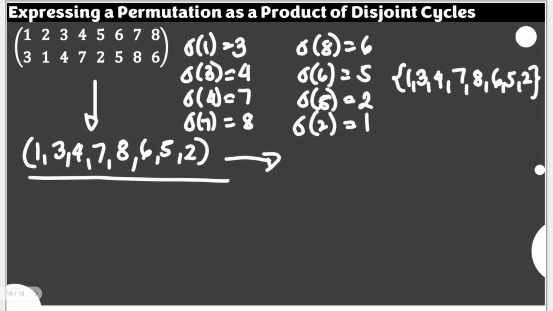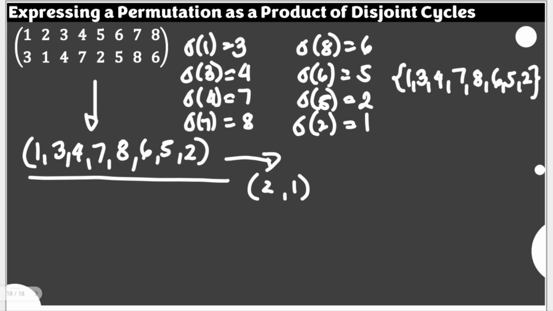Now, let's have some contradiction. What if there is another cycle that can be multiplied with the cycle that will still result in the permutation? Now take note, the point here is disjoint cycles. If we would like to look at other cycles, let's say (2 1), these two cycles now have common elements, so they are not considered disjoint cycles, right?